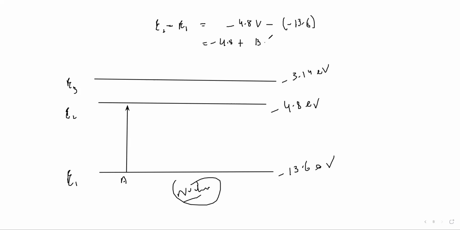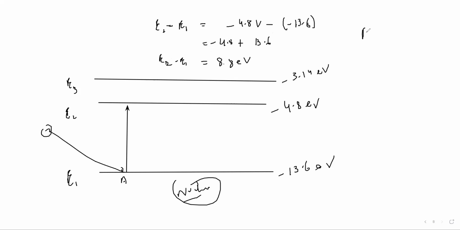What's the answer for this? 13.6 minus 4.8. How much energy will be absorbed? That is equal to 8.8 electron volts. But if I ask what is the frequency of the photon which is absorbed, how can you find the frequency?